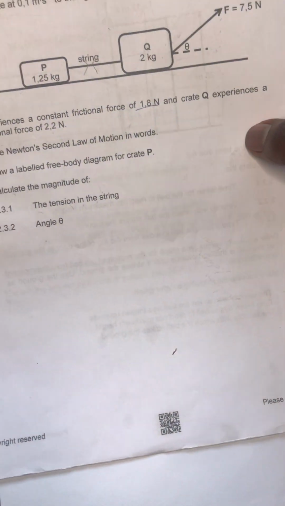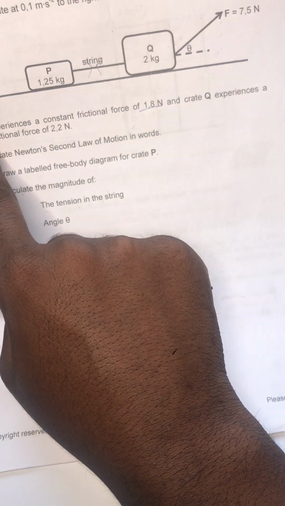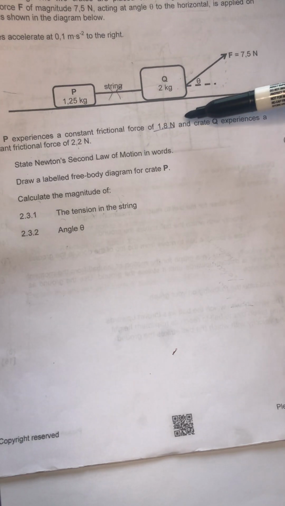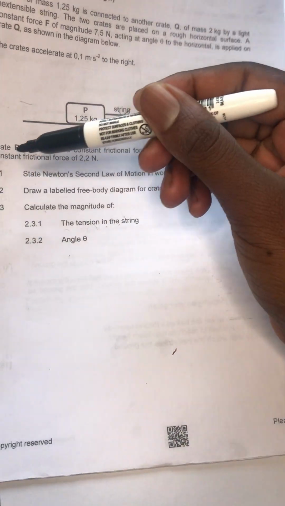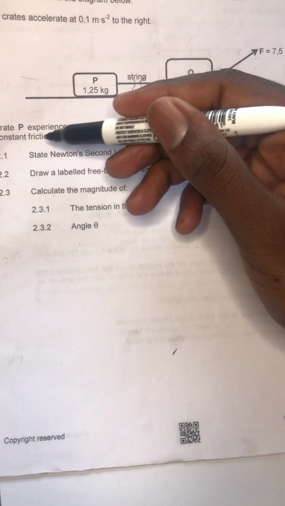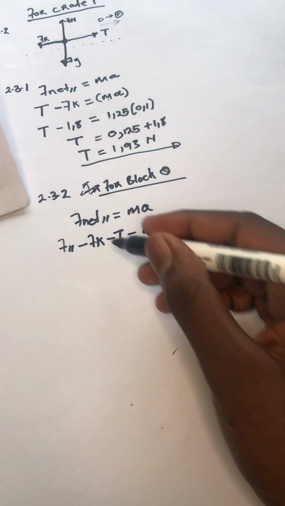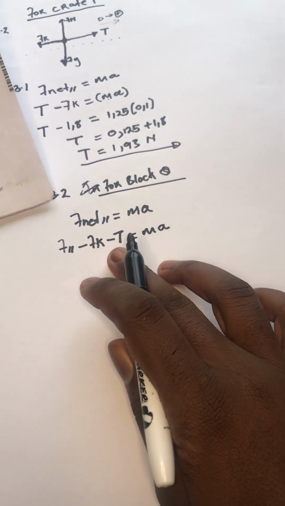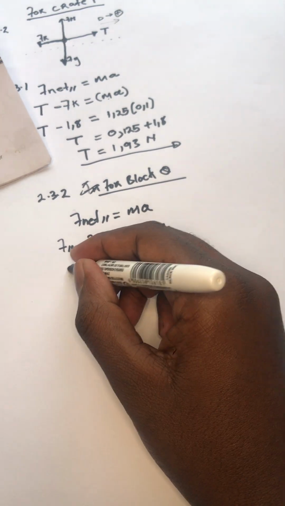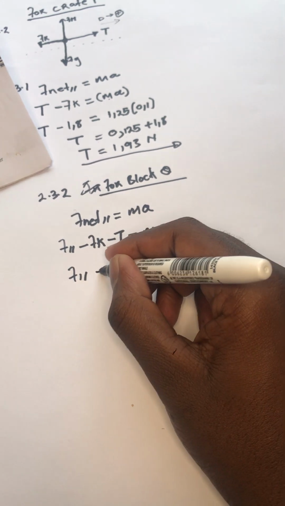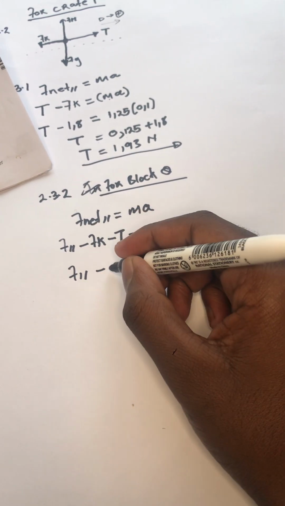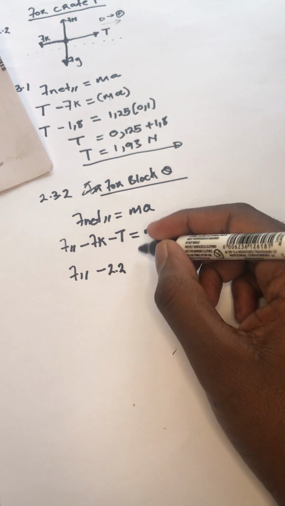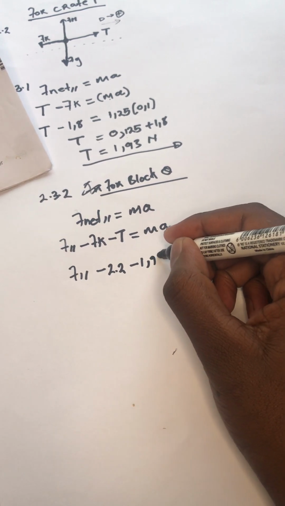Let's check what it says: crate P experiences a constant friction of 1.8 newtons and crate Q experiences a constant frictional force of 2.2. So crate Q experiences a frictional force of 2.2. I already know frictional force, I already know tension. So F parallel minus frictional force. What is the frictional force? 2.2. What is the tension? 1.93.